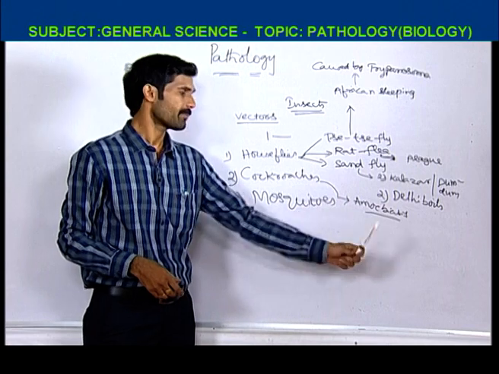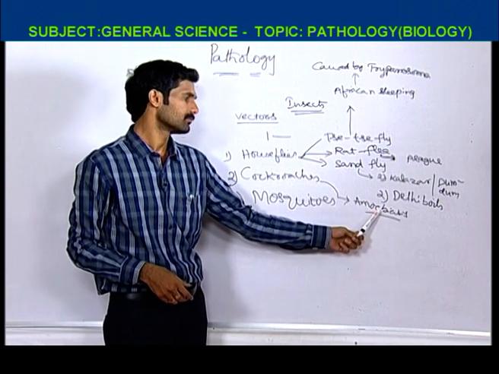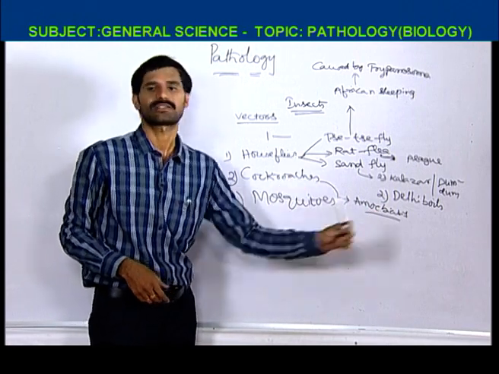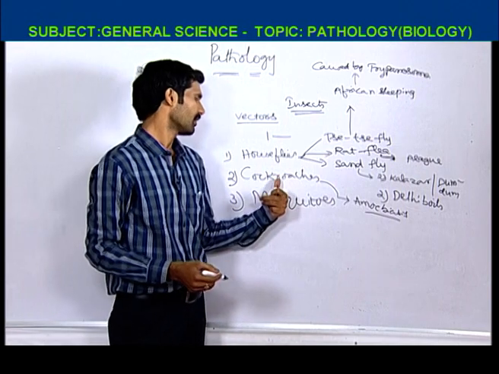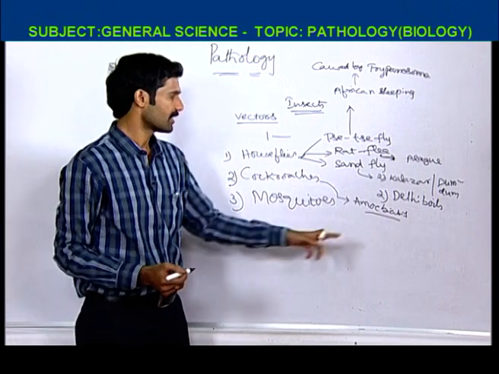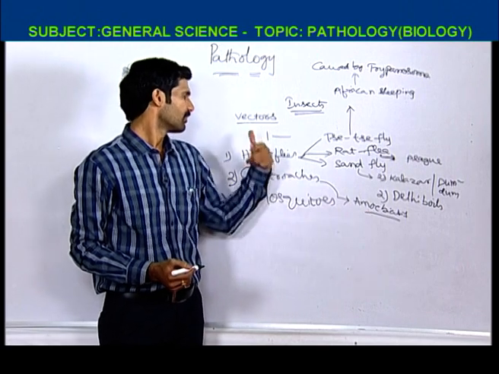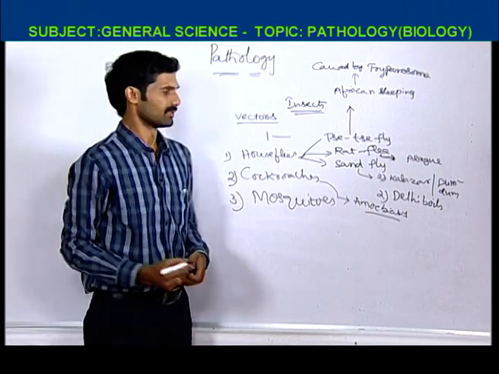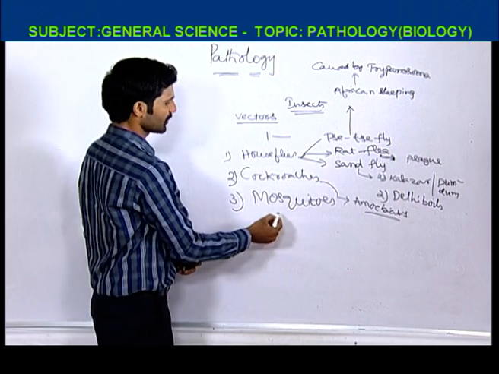Entamoeba histolytica is the pathogen, and cockroaches are the vectors for amoebiasis. In addition to cockroaches, houseflies also act as vectors for amoebiasis. And mosquitoes.